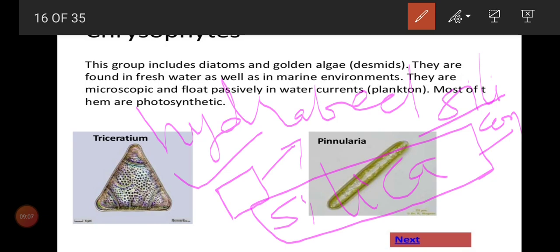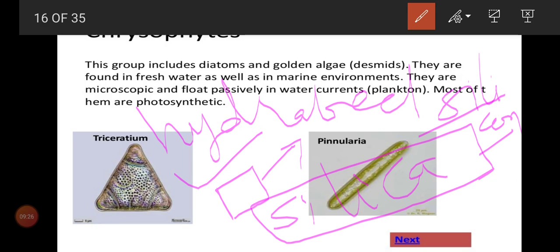This silica cell wall is very important and is used for polishing, filtration of oil, and making cough syrups.